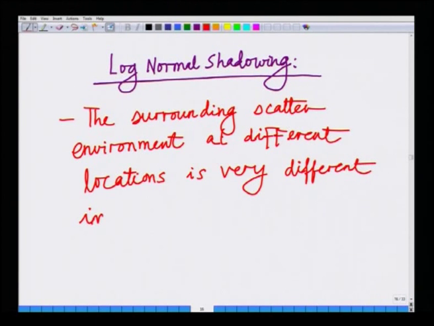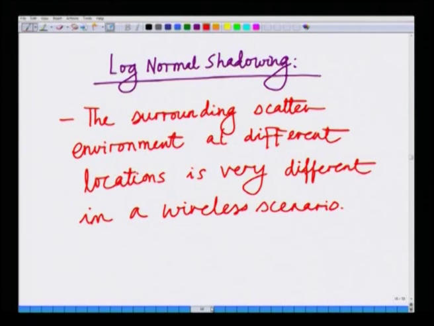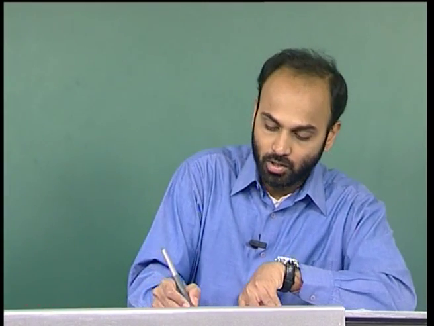So, the scatter environment is very different in a wireless scenario. For instance, a user can be shadowed by a large object such as walls or buildings.